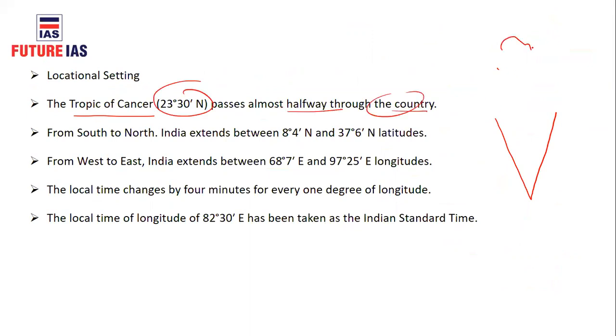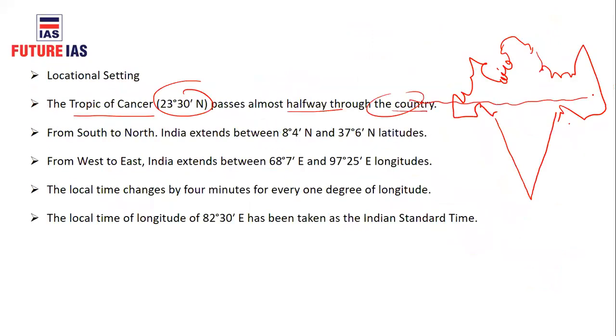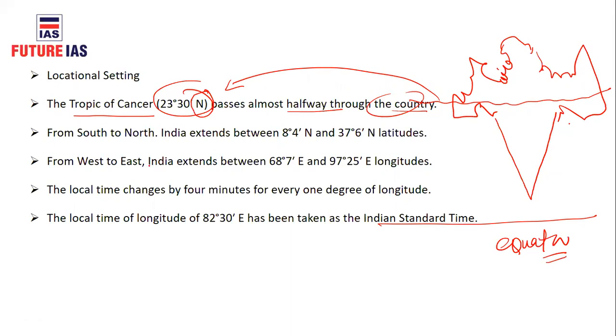That is 23 degrees 30 minutes north. This also shows that this latitude lies north of the equator, that means India lies in the northern hemisphere.